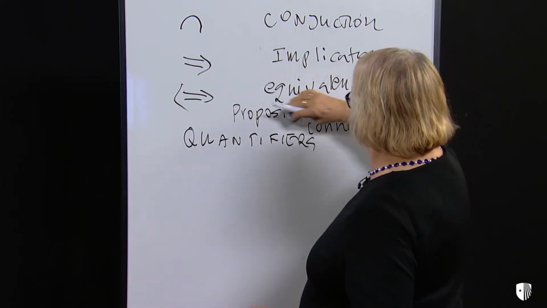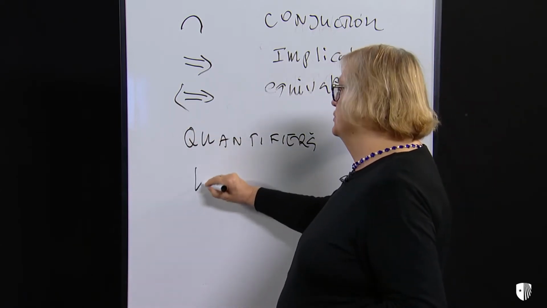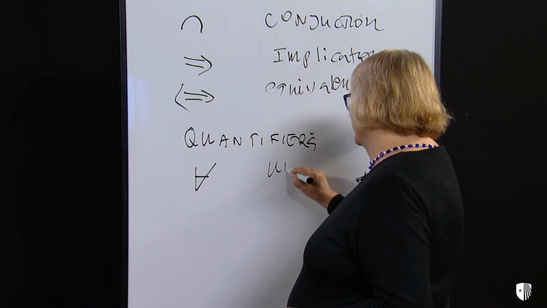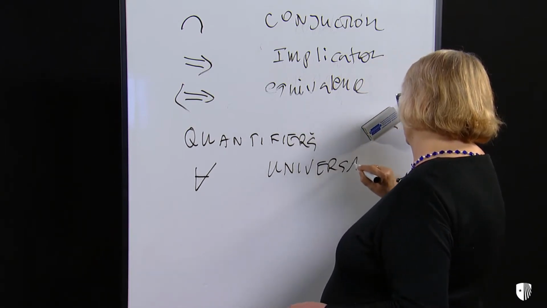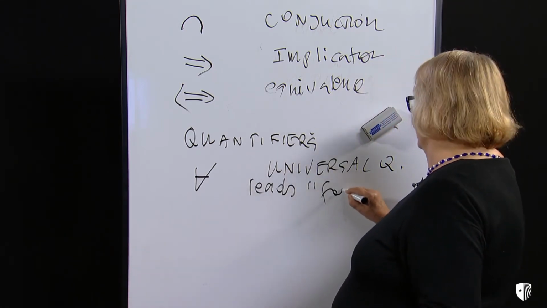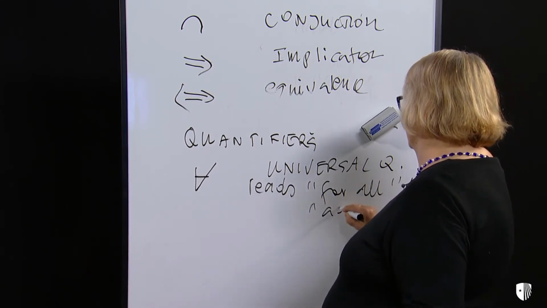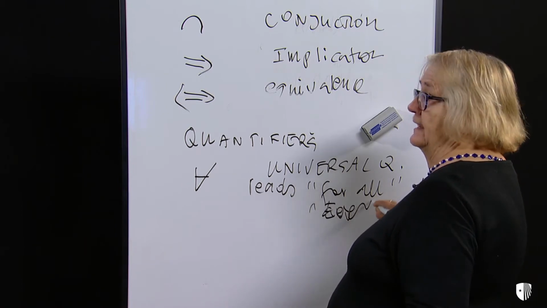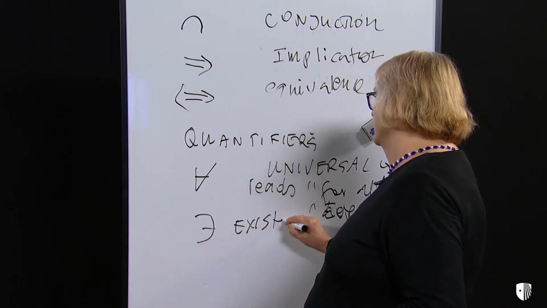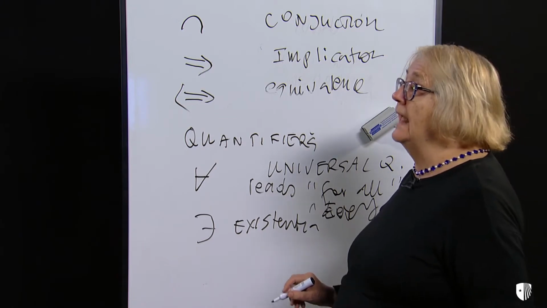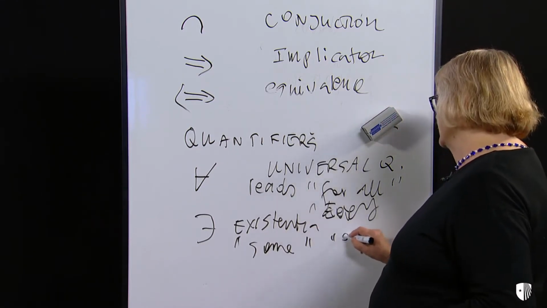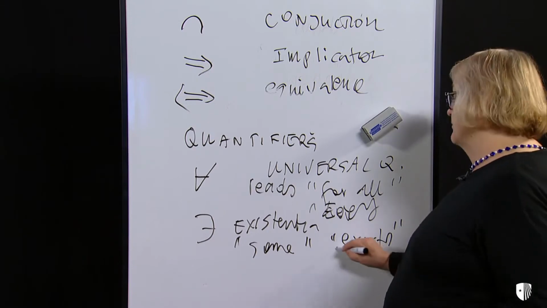We use this symbol for the universal quantifier, and it reads for all, every, etc. And this is the existential quantifier, and it reads some, some exists, there is.